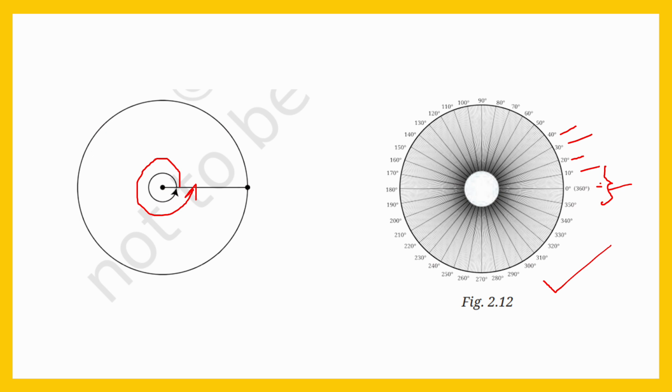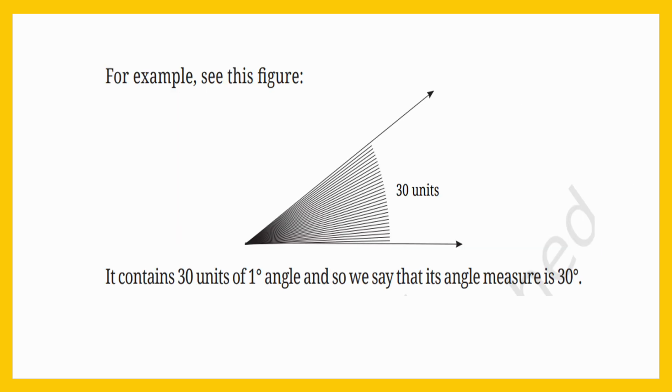So, here the angle in the center is divided into 360 equal parts. Each part consists of 1 degree. For example, see this figure. It contains 30 units of 1 degree angle. So we say that its angle measure is 30 degrees.